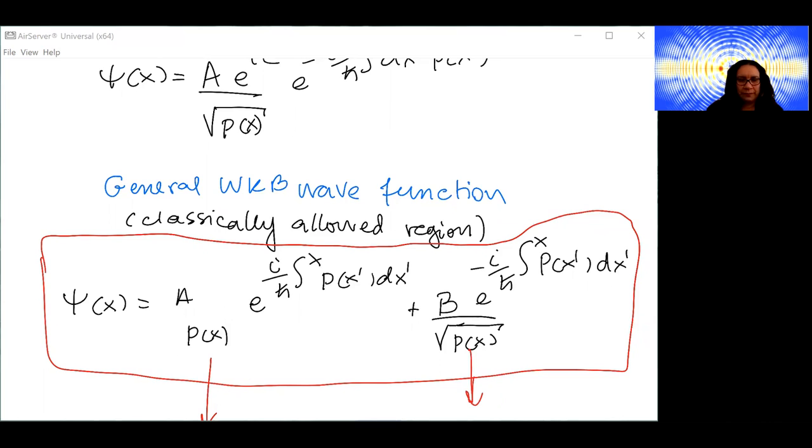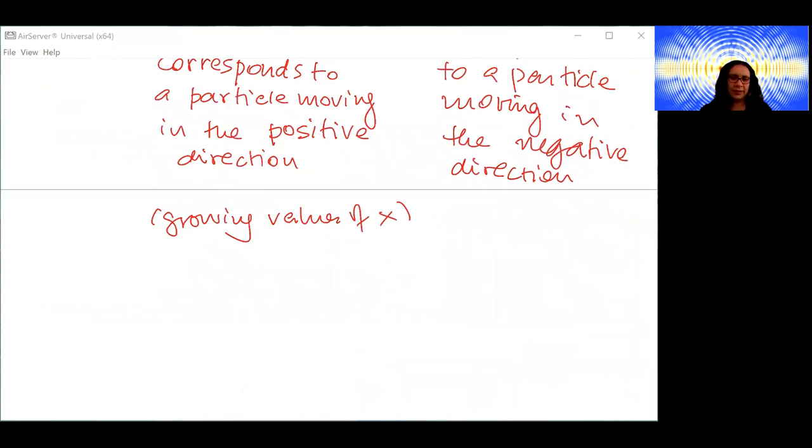We have these two arbitrary constants. And here we consider that we have this situation and this situation. And what we have now is something which goes to first order in h bar. So, a loose interpretation, and let's put emphasis on loose.